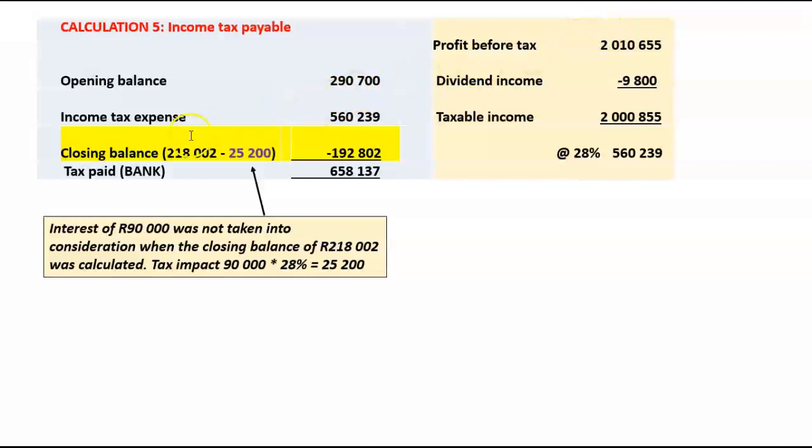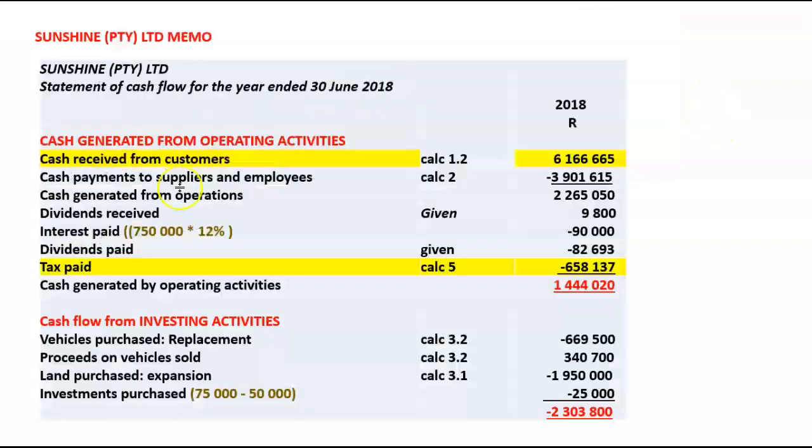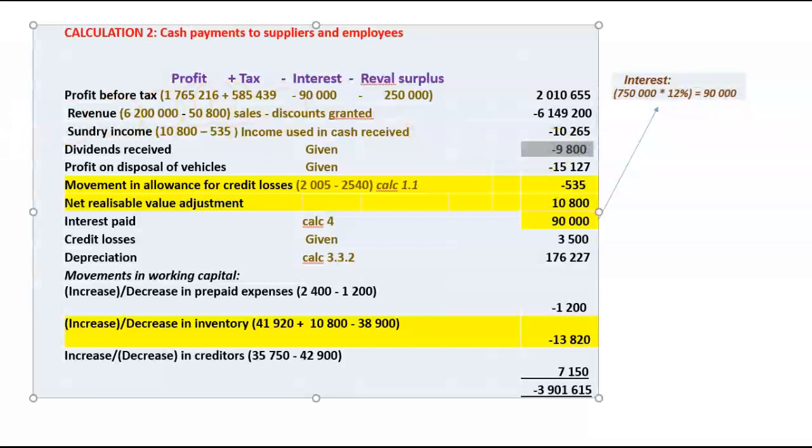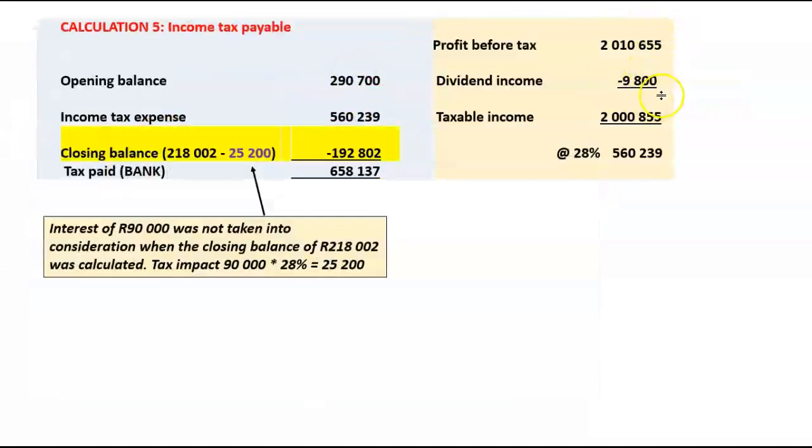Our tax expense for the year is based on our profit before tax, which we have calculated here, 2,010,655. The question also reminded you that dividend income is not subject to normal tax. So therefore, we have to take out the 9,800.